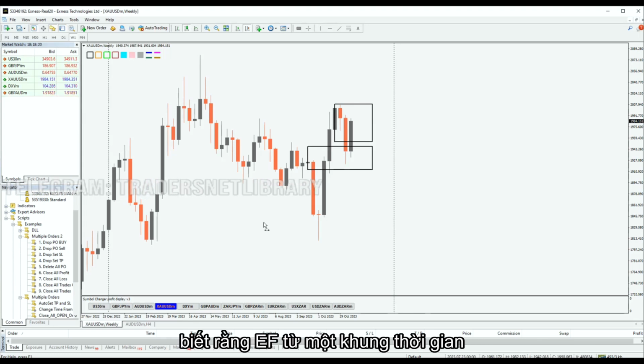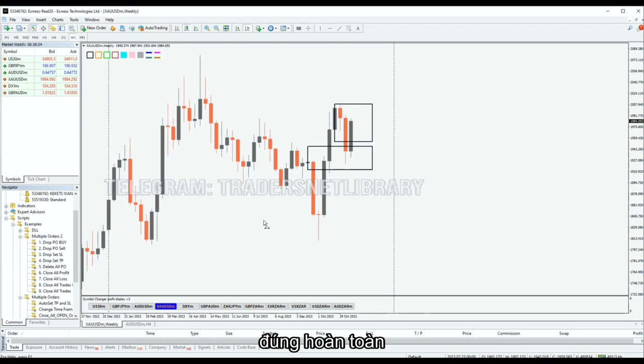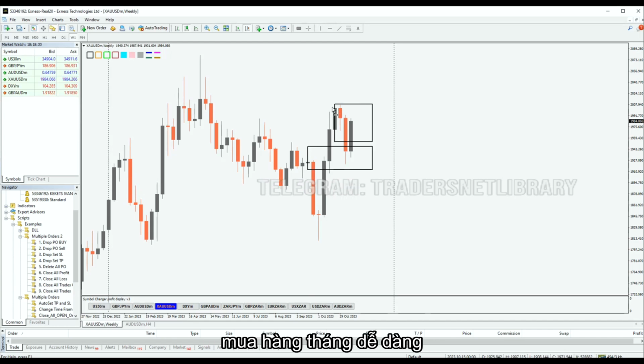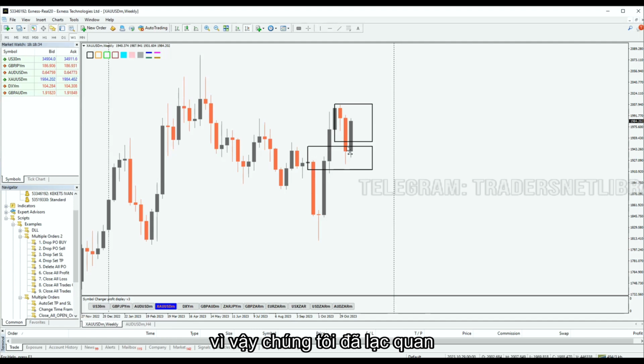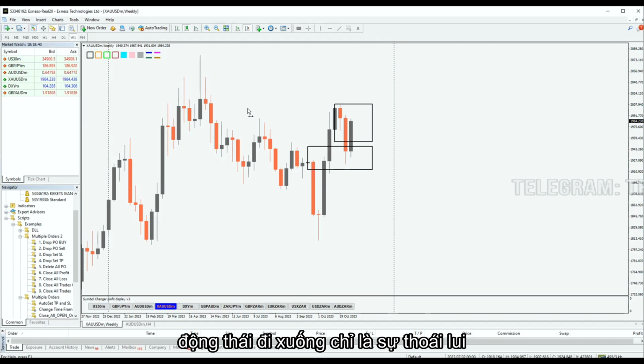We all know that EF on one time frame is EG buy on one time frame higher. So once we have EF on weekly, we know that monthly is EG buy. So we were bullish, and this down move was just a retracement.